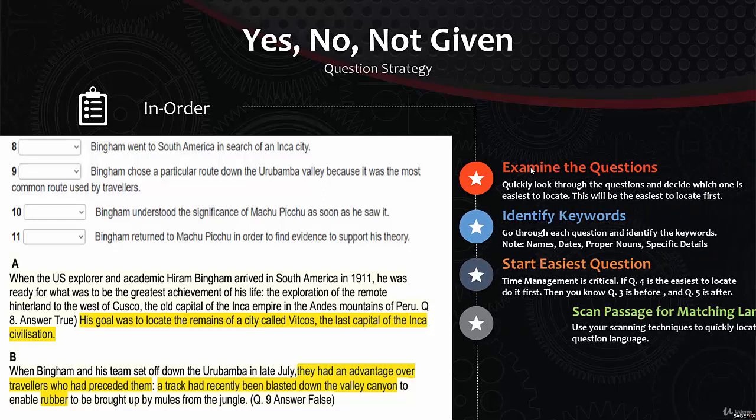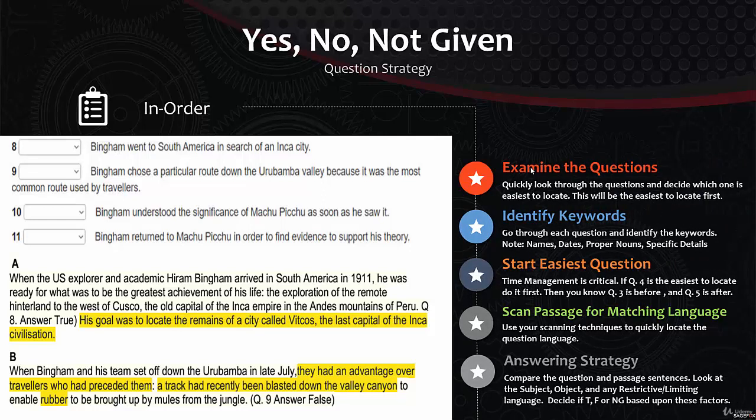And I'll do one more example for you guys. In this one, look at number 8. It says Bingham.